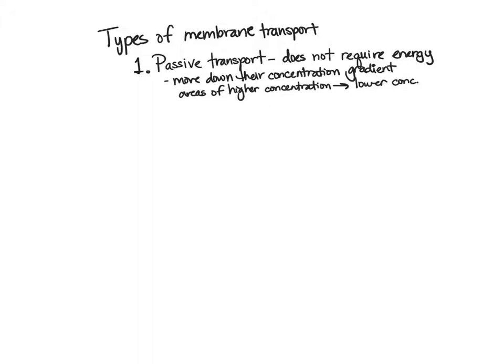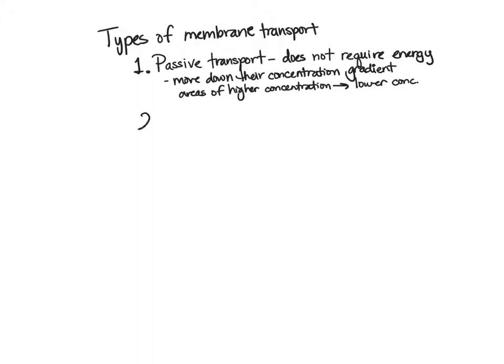Of course, this doesn't include a membrane that we're talking about right now, and we'll talk about this in a little bit more detail, but just to give you an idea, we're talking about something going from an area of higher concentration of that molecule to an area of lower concentration. And that does not require energy. Things naturally want to go from an area of higher to lower, to where we're kind of cramming something into one space. If it's allowed to just relax, it's going to spread out.